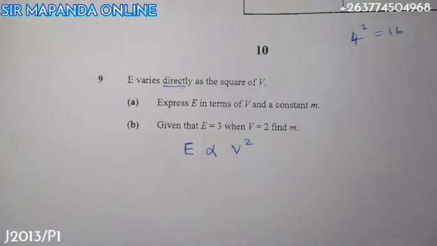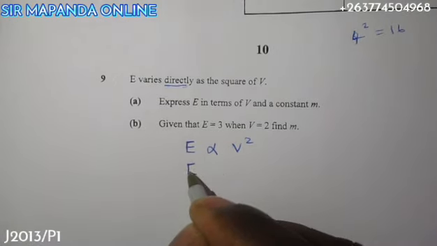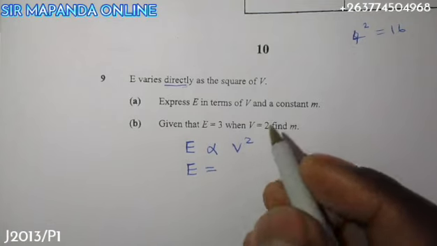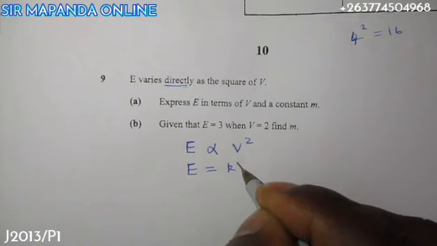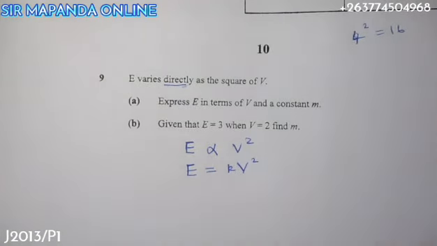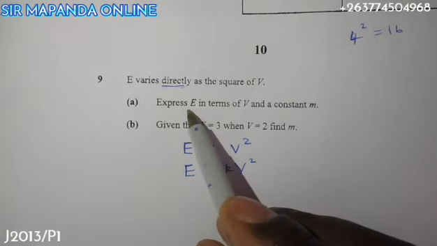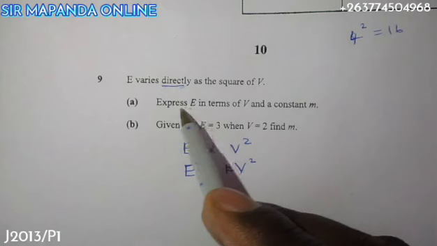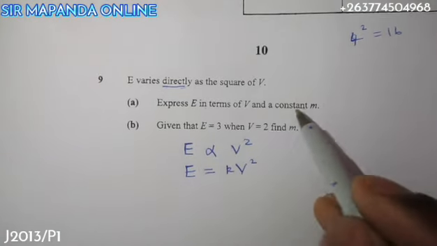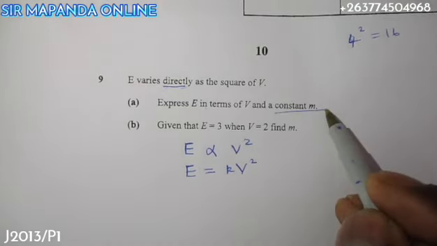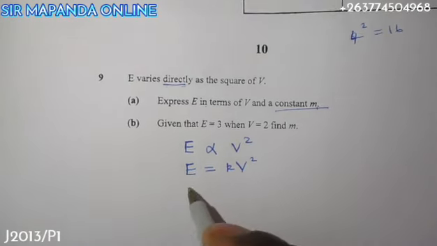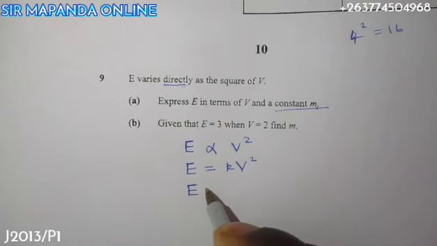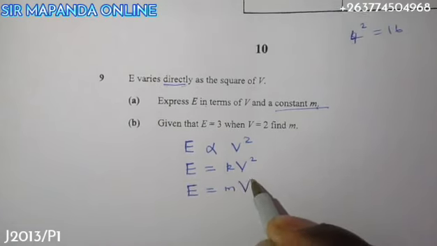Right. So we are now removing this variation sign. You place an equal sign, but you multiply the right side with K. You now have K V squared. But since the question states express E in terms of V and a constant M, it means instead of multiplying with K, we are multiplying with M. So you can write your answer as E is equal to M V squared.